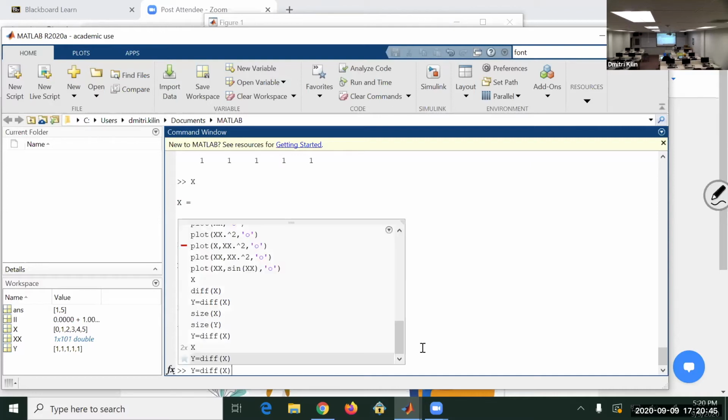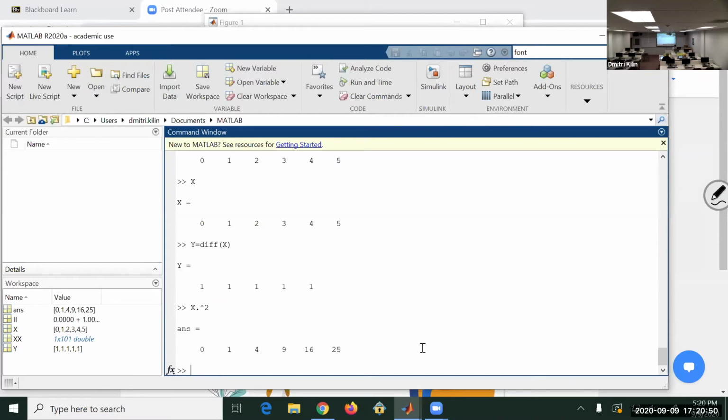If we take x squared and then apply diff of this stuff, what are you going to get? So 25 minus 16, 9. 16 minus 9, 7. 9 minus 4, 5. 4 minus 1, 3. 1 minus 0, 1.